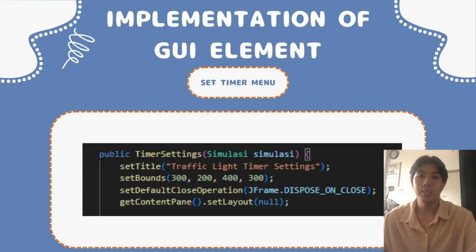Next, I will present the implementation of GUI elements for the set timer menu. We use JFrame to create the main window of the application, setting its title, size, close operation and layout.